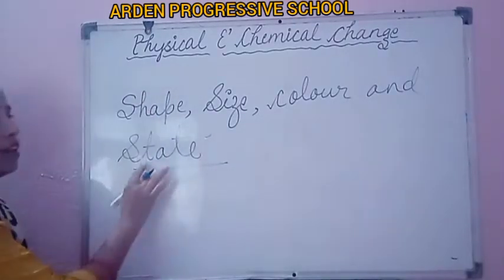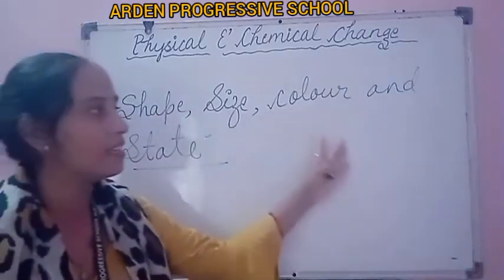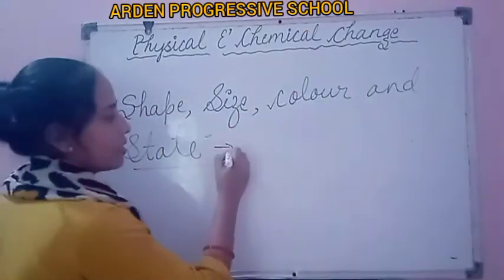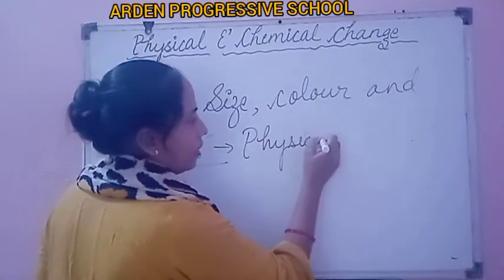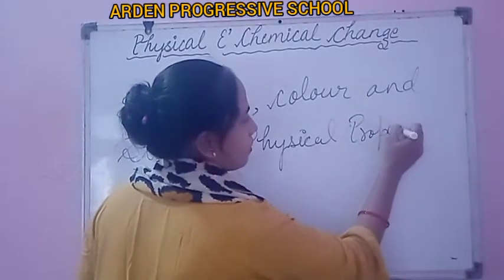So the changes in these properties are called the physical properties of the substance. Clear? These are the physical properties of the substance.